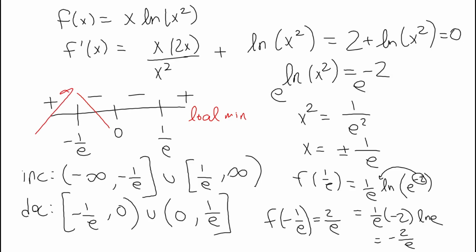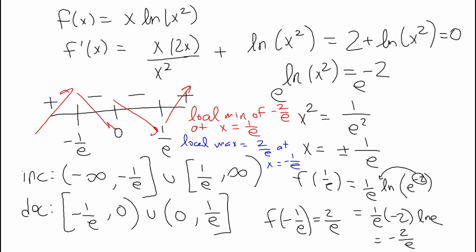We were increasing, decreasing, still decreasing, now increasing. A local min of negative 2 over e at x equals 1 over e. And we'll have a local max of 2 over e at x equals negative 1 over e.